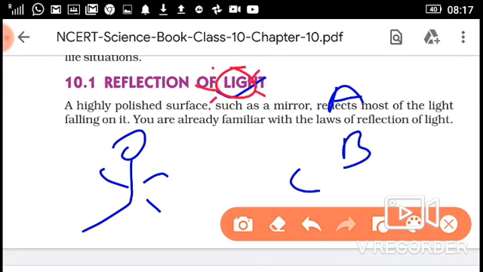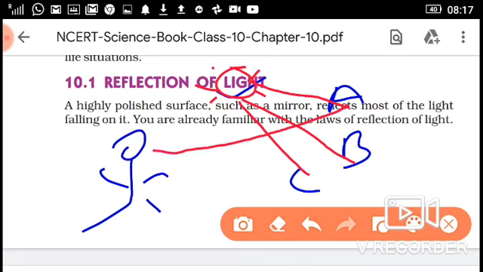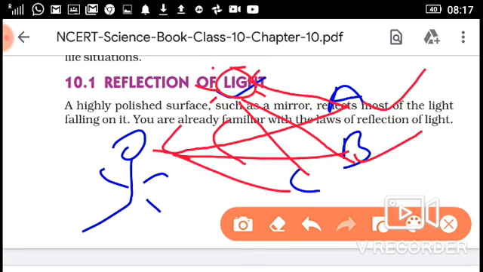When the light comes from the sun, falls on objects A, B and C, then it reflects and reaches our eyes like this. Then we see object A. Similarly, we see object B, we see object C.